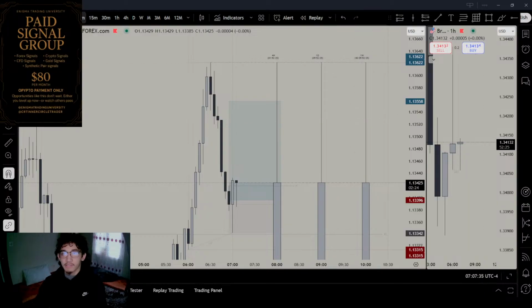So my take profit is going to be a 3 RR. At 3, 5. 3, 5, 5, 8.